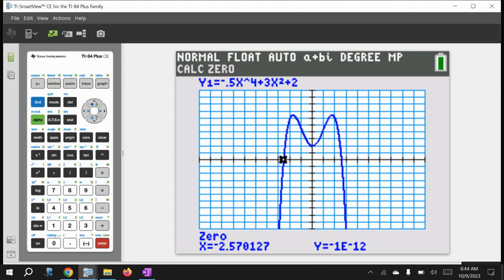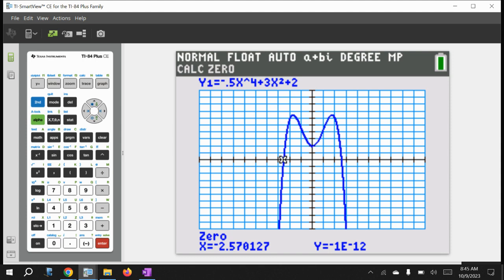What is this as a number, like a standard form number? Negative exponent means we move the decimal place to the left 12 times. 1, 2, 3, 4, 5, 6, 7, 8, 9, 10, 11, 12. What is that close to?